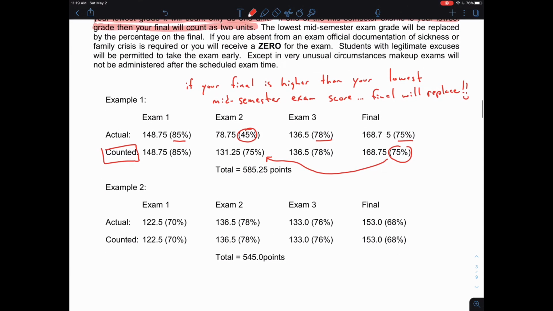Example 2, the student was just pretty consistent: 70, 78, 76, 68. The final is the lowest of the bunch, so the count remains the same.